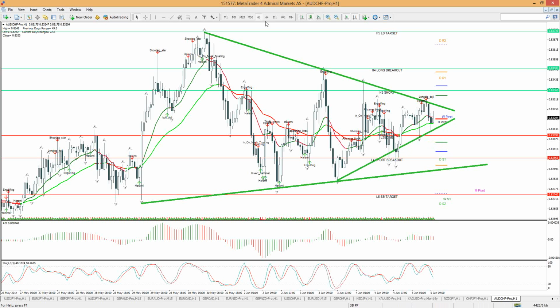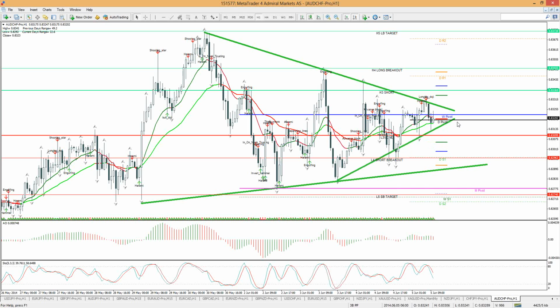Something like that. The pivot point is also right in the middle of the triangle. That's funny. Okay, this could break really literally either way.